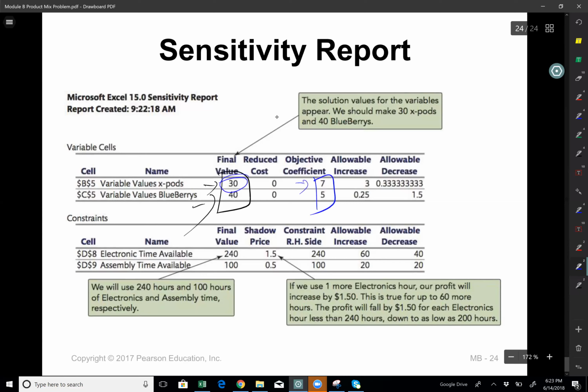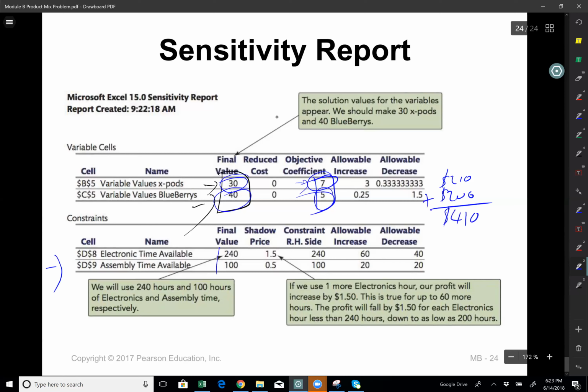So if I produce 30 of them, 30 times 7 would be $210. For the 40 blueberries that I produce, each of them I make $5, $200 here. So if I add the $210 profit that I generate from XBots and the $200 I generate from blueberries, you will get $410 of overall profit.